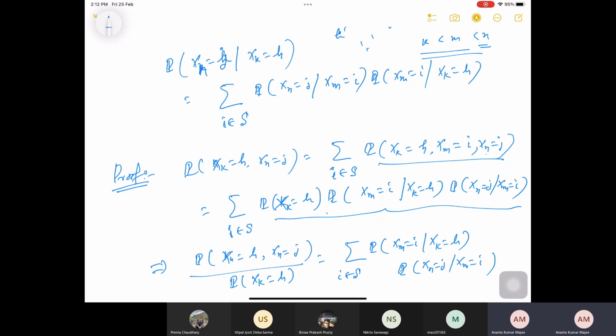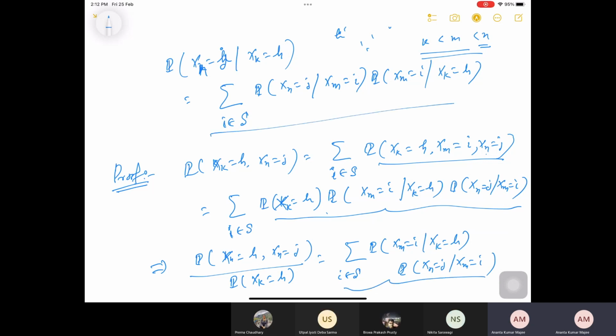So this is precisely the right hand side of my Chapman-Kolmogorov equation. Now the left hand side is exactly the same as this part. This is the probability of x_n is equal to j given x_k is equal to h, because this is the conditional probability, so you can write it in this form.